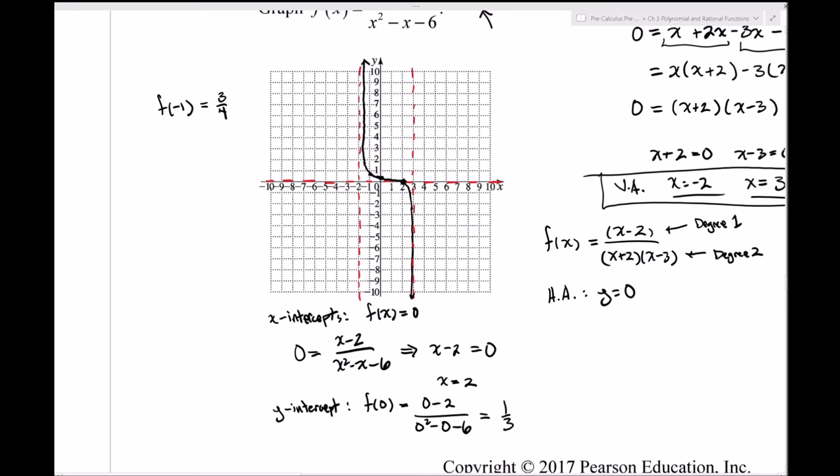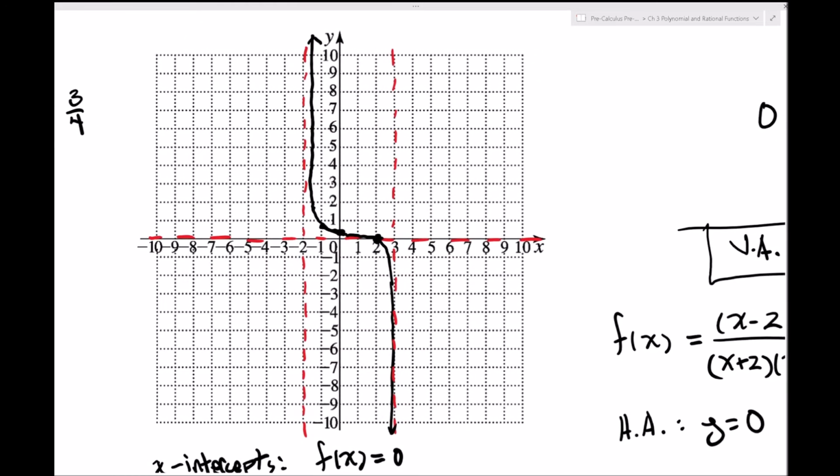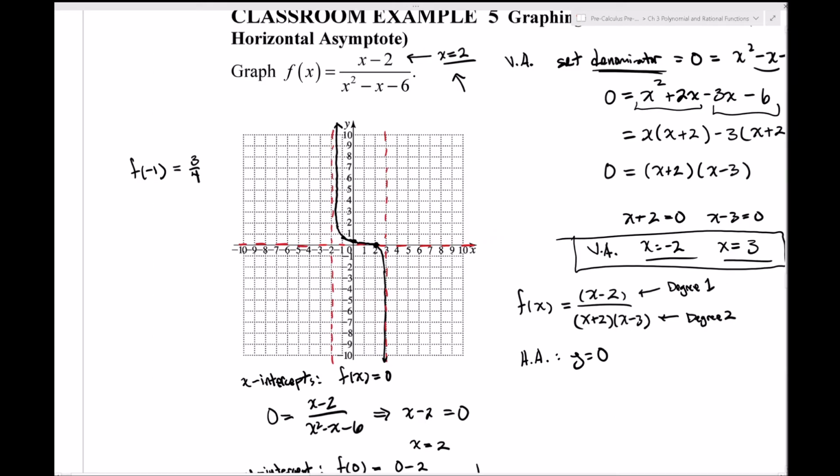We can also check f of 1, which should be really close to 0, but not quite 0 yet. It's still going to be positive, 1/6. So at x equals 1, it's 1/6. When we plug in 2, we should get 0. If I plug in 2.5, which I'm doing in the calculator that I'm not showing, I'm getting -0.222, and it keeps on going.